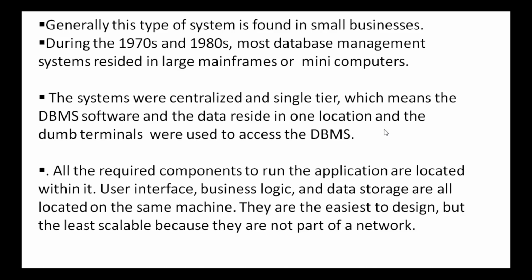Those are not part of a network, so it is least scalable. What is scalability? Scalability is a property of a system to handle a growing amount of work by adding resources to the system. But this system can be used by only one user at a time. There was no provision for multiple users accessing, that's why it is the least scalable.